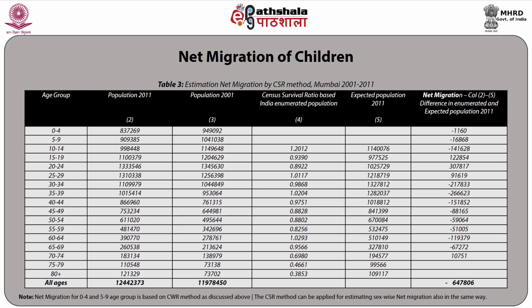Next is expected population in 2011, and last is net migration, the difference between enumerated and expected population for 2011. The net migration for the 0 to 4 and 5 to 9 age groups is based on the CWR method as discussed above. The CSR method can be applied for estimating sex-wise net migration also in the same way.